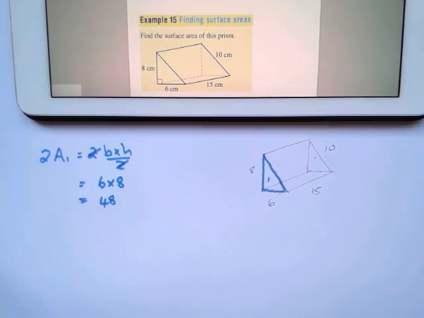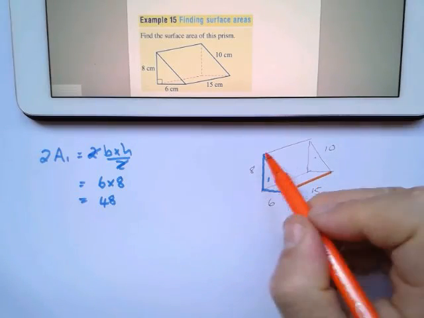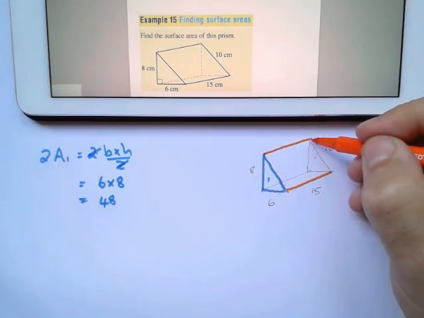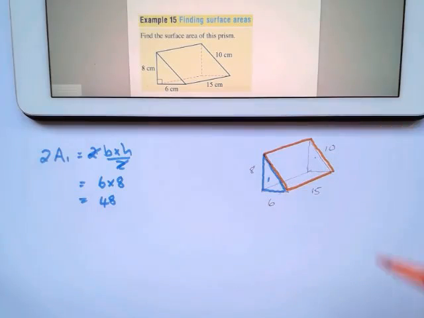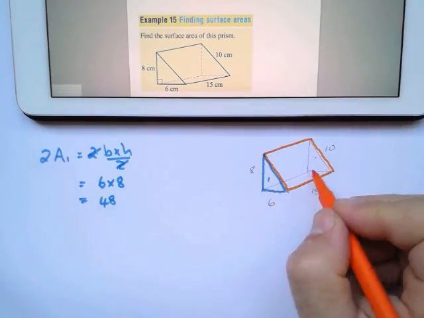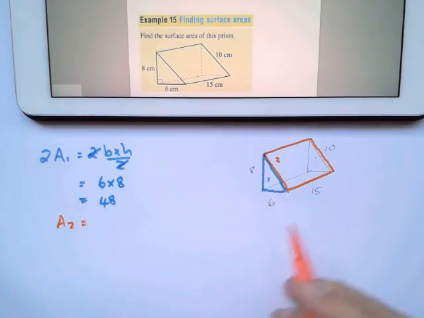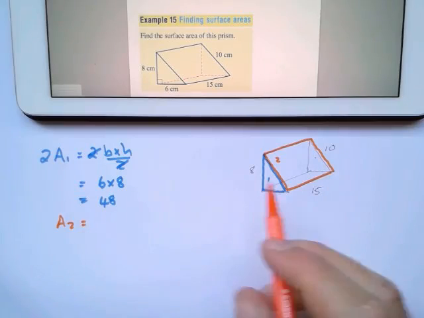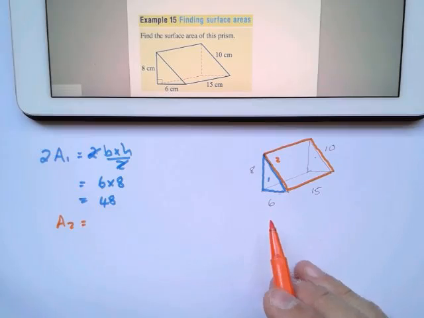Then I'm going to do area 2. Area 2 should be one of the rectangles, so I'm going to do this one, that one. I'm going to use that as my second area, so I'm going to call that 2. So area 2 equals, this is a rectangle, so although it looks like a parallelogram, it's not, because it's on a flat surface.